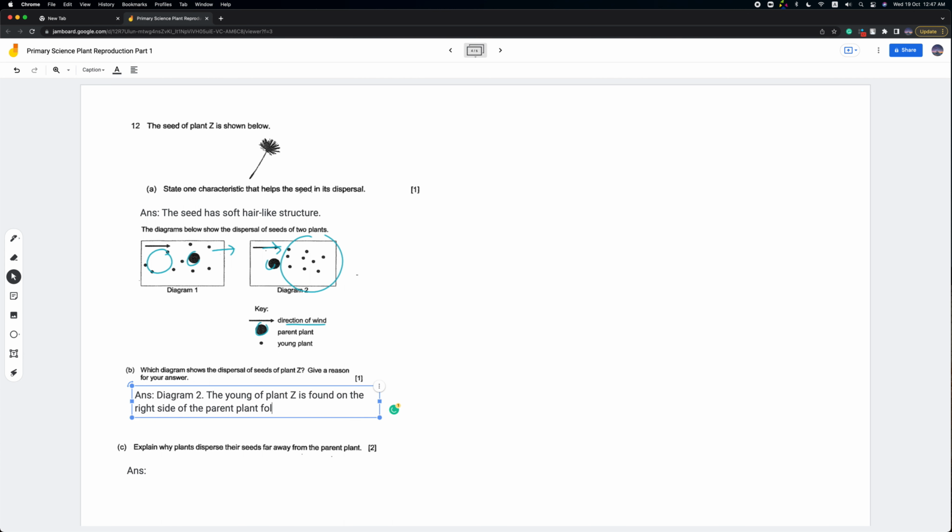You can say following the direction of the wind. Now again, this is give a reason, and this one has no why. So it's fine if you answer just like this. It's found only on the right side of the parent plant. It's better to say only.